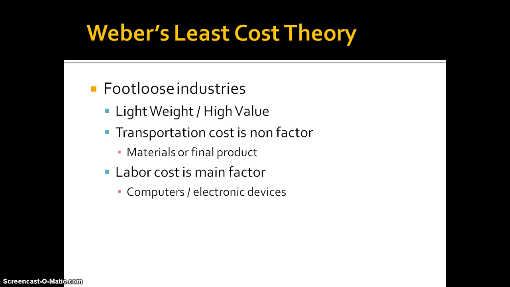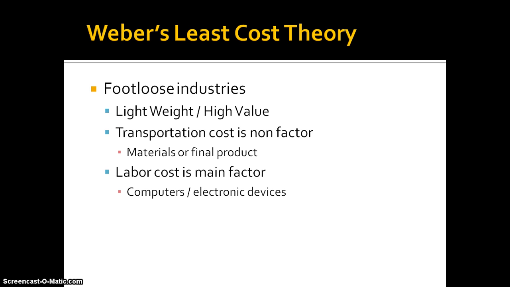Another important element in our modern industrial situations, we have what are called Footloose Industries. Footloose Industries are exempt from Weber's theory because we're talking about the manufacturing of products, the development of products where their transportation costs aren't really going to be much of a factor because of a couple of things. Typically, they tend to be lightweight materials, so their transportation cost based on weight isn't going to be a factor.